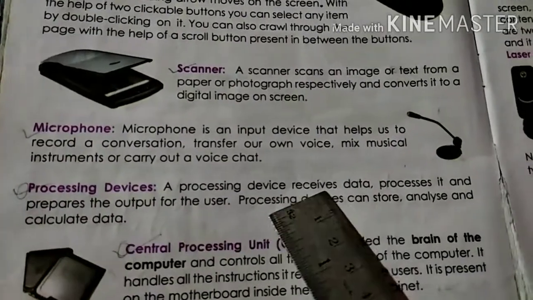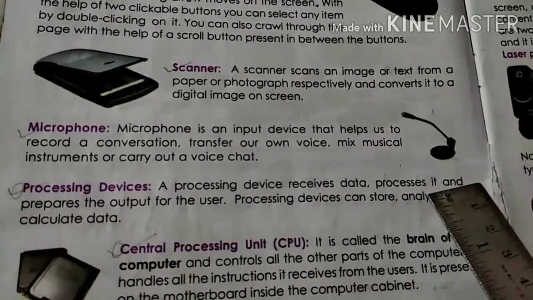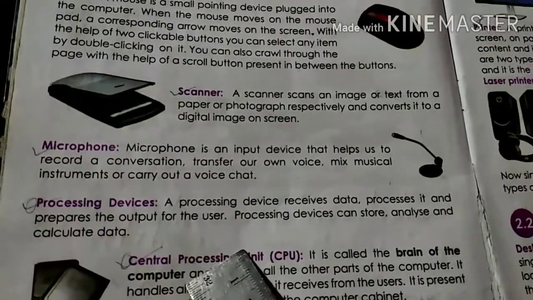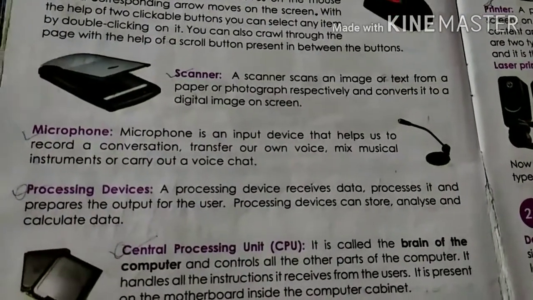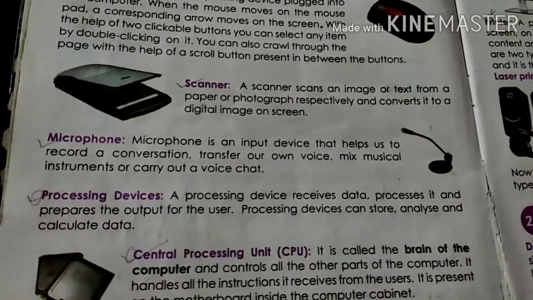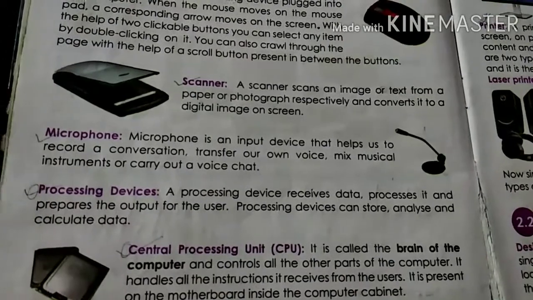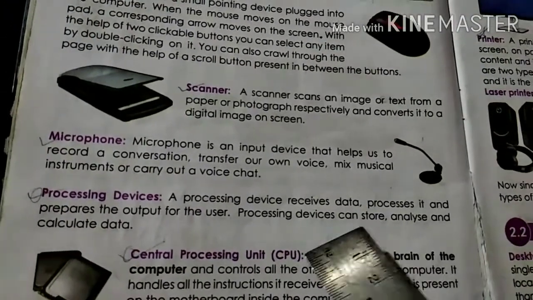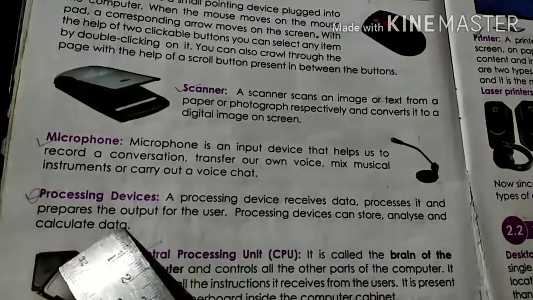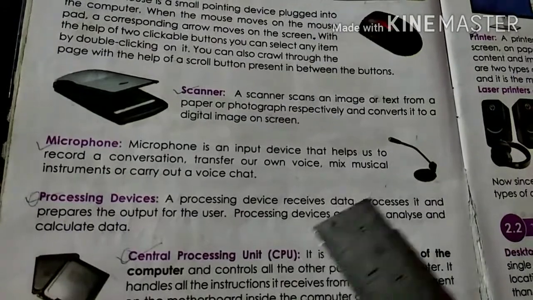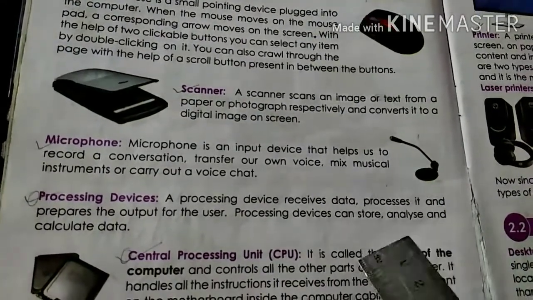A processing device receives data, processes it, and prepares the output for the user. So whatever instructions or information we give to the computer, the processing device receives that data, processes it and prepares the output for us. Processing devices can store, analyze, and calculate data.